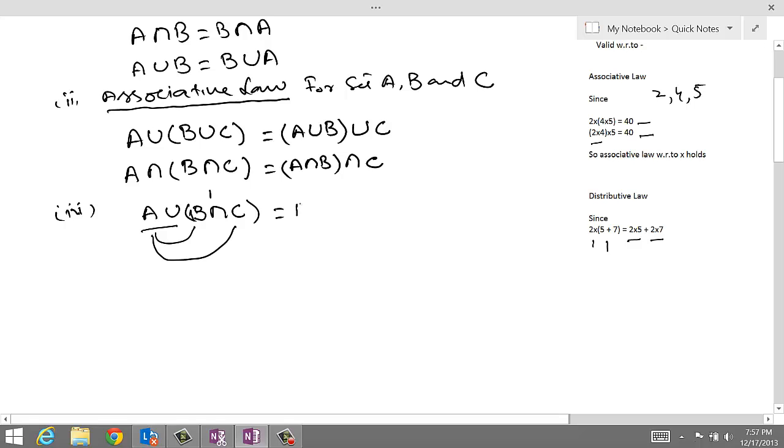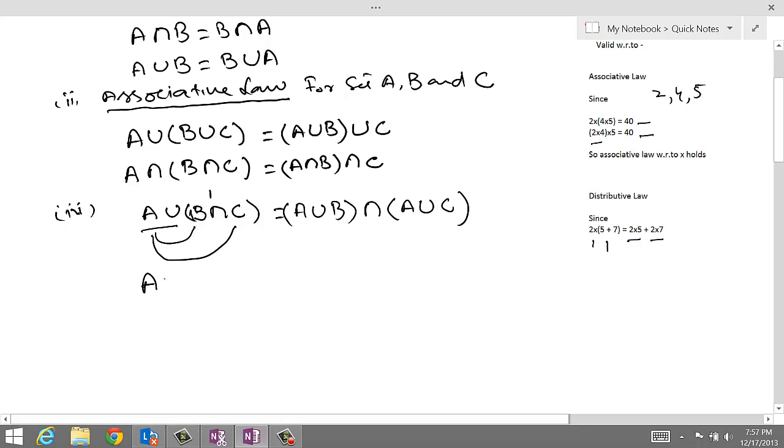So A union B, intersection will stay as such, and then A union C. This is what is called union is distributive over intersection.